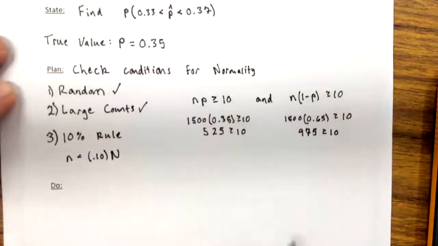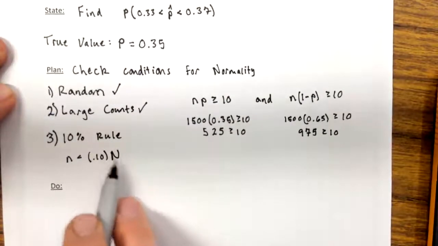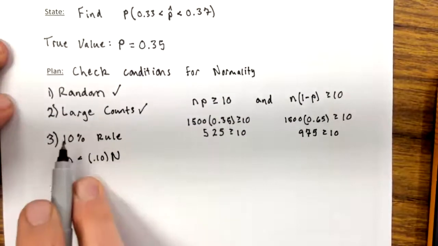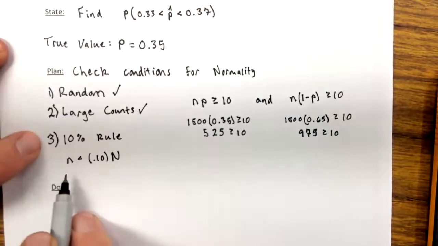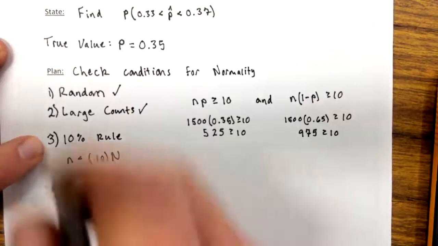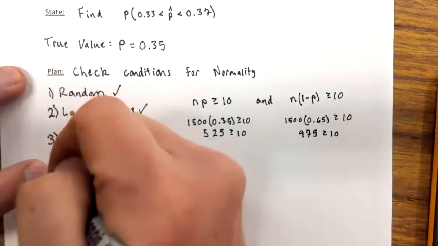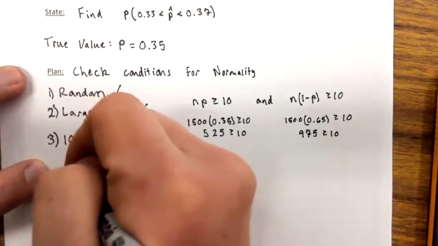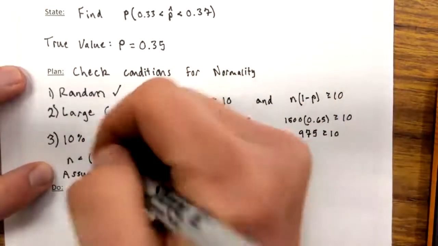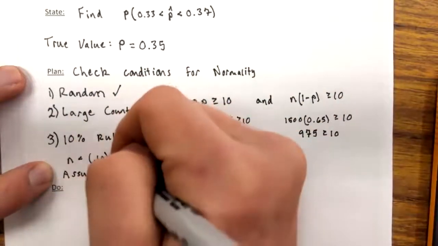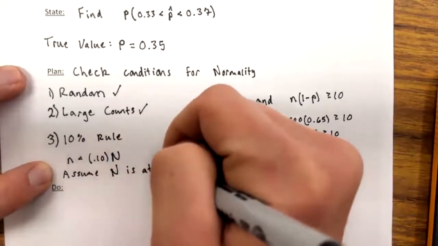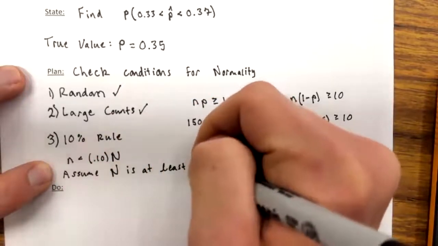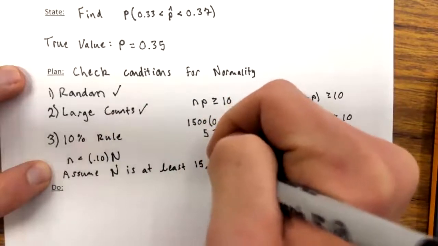And that's really common. You're not going to be given the population size very often, but it's not the biggest issue. All you would have to say is, well, since our sample size is 1,500, we would have to assume that the population size is at least 15,000.